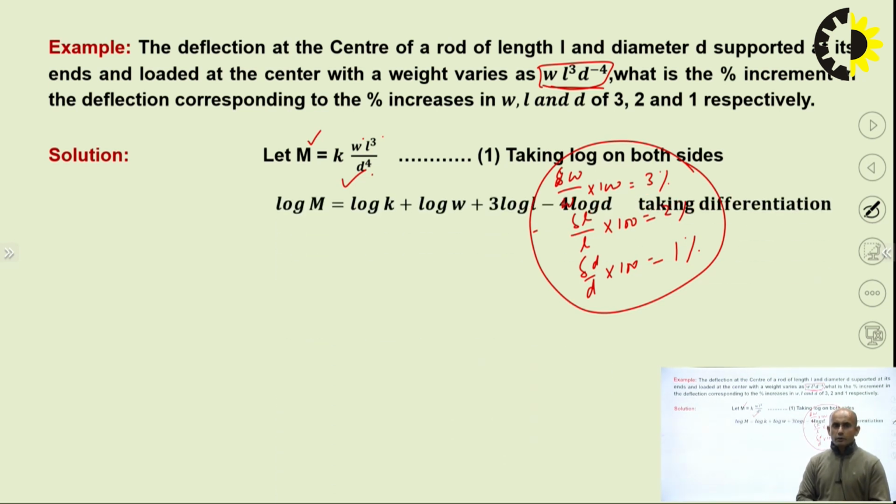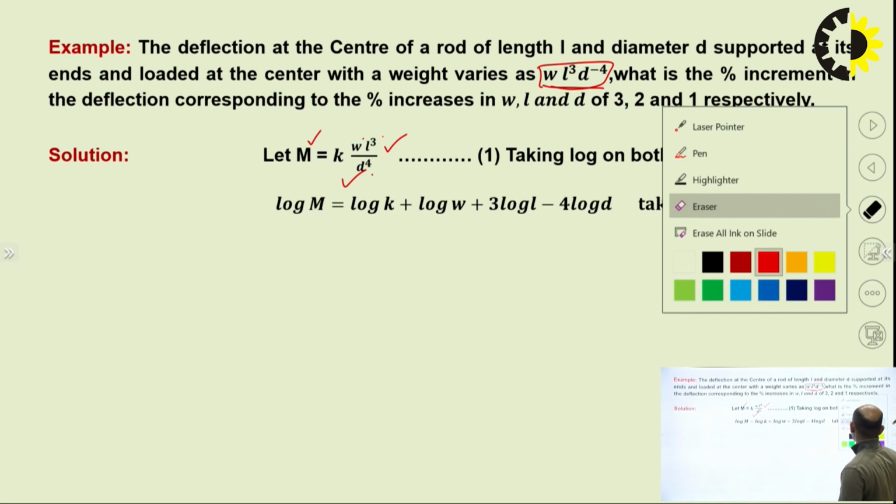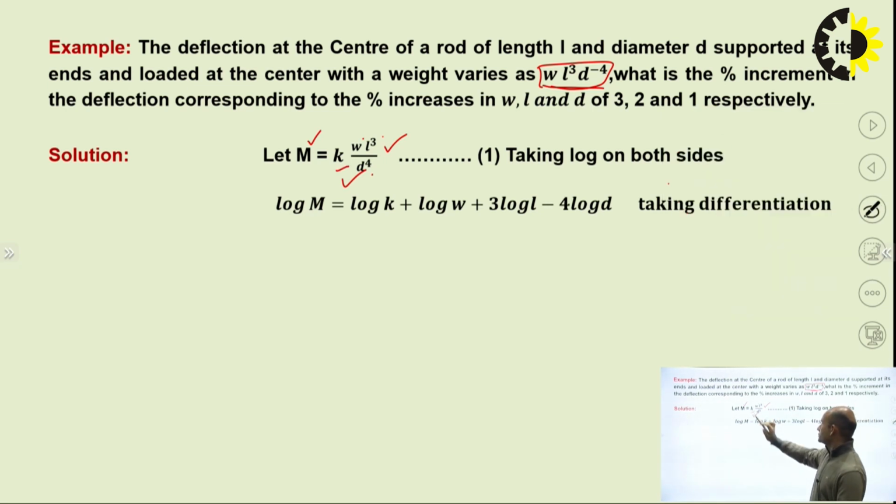So first we have to take logarithm on both sides. So if we take logarithm of this function, then we have logarithm of k, then logarithm of W, then logarithm of L cube.